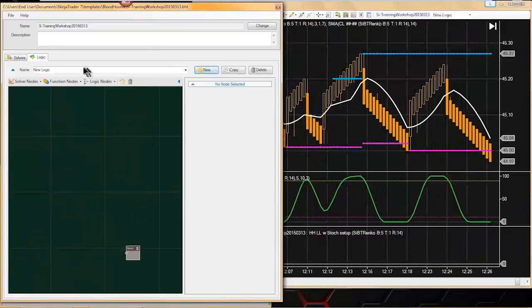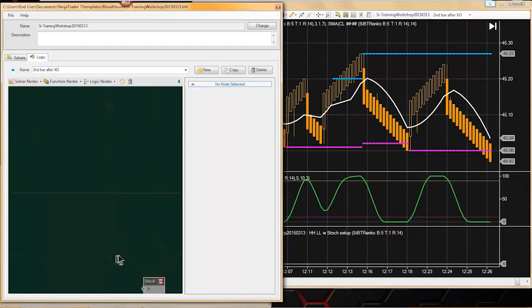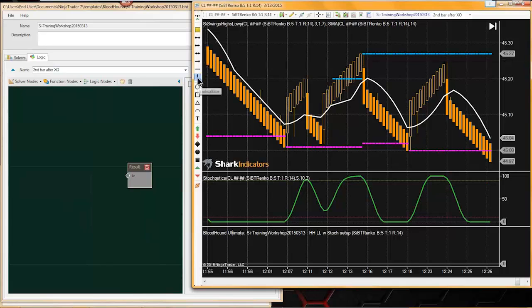Okay, I'm going to start a new logic template for this question. All right, so we're interested in the second bar after a crossover. I use XO to kind of shorten the names. All right, so let's mark on the chart here.